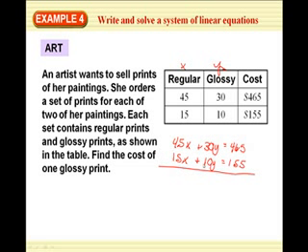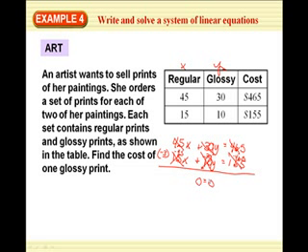So elimination, let's multiply through by -3 here. So that's going to be -45x, -30y, and 155 times -3 is -465. That cancels out, that cancels out, that cancels out. 0 equals 0.